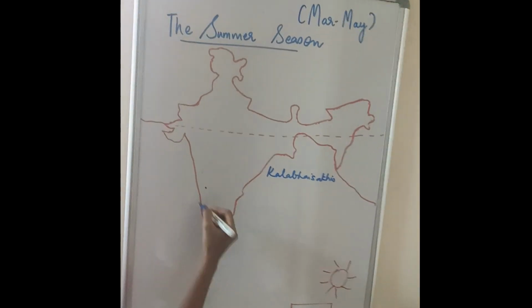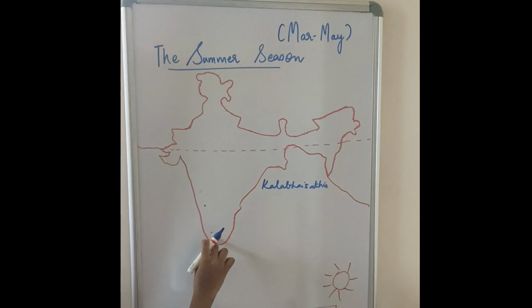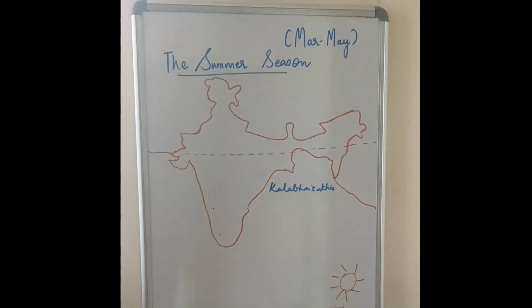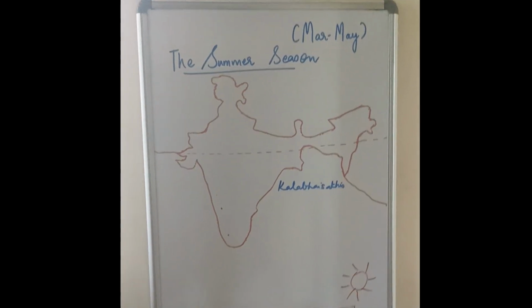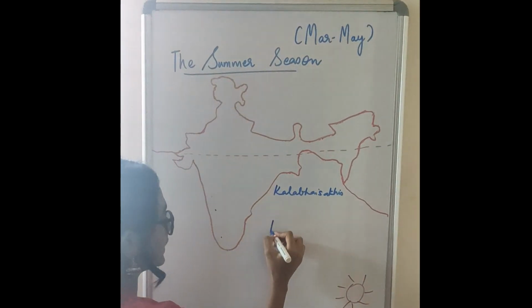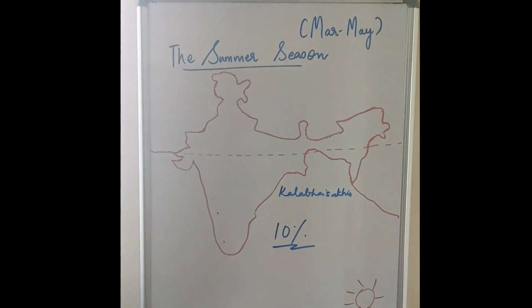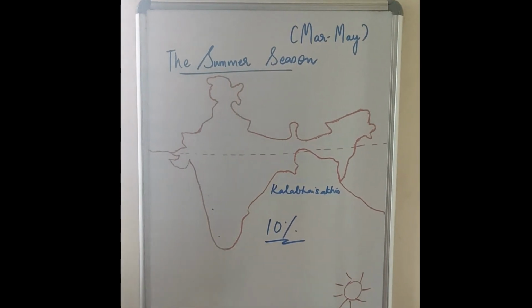These are initial showers which are very important for mangoes in Kerala and for coffee to blossom in Karnataka. And India receives about 10% of its annual rainfall in the summer season.